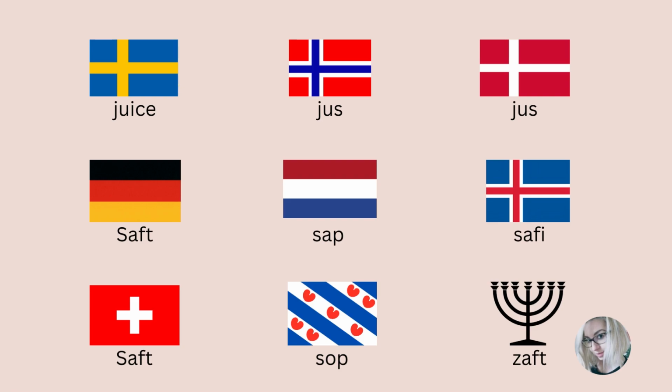Then again, in German, I don't think you really make a difference, or as far as I know, I use the word Saft to designate both sugared and unsugared drinks. So Saft is like a more general term, and in Swiss German as well. Savi in Icelandic is also used for both of them, I suppose. And then you also have the Yiddish form of Saft.